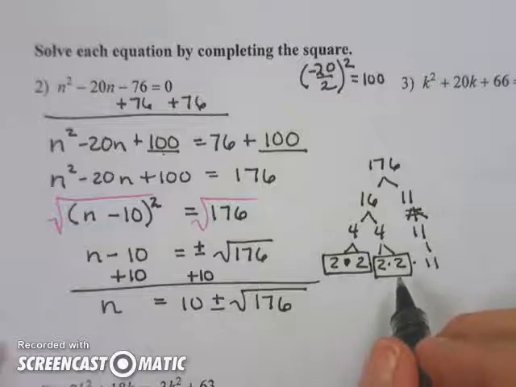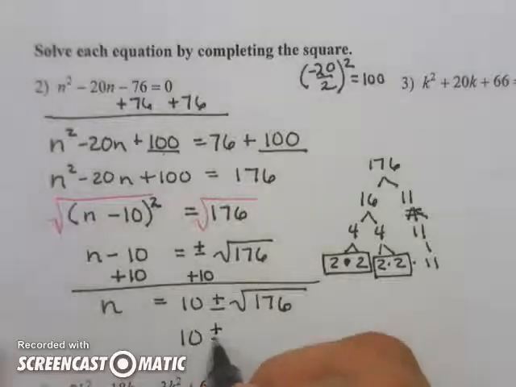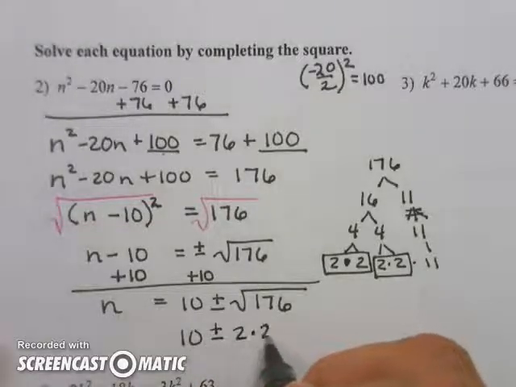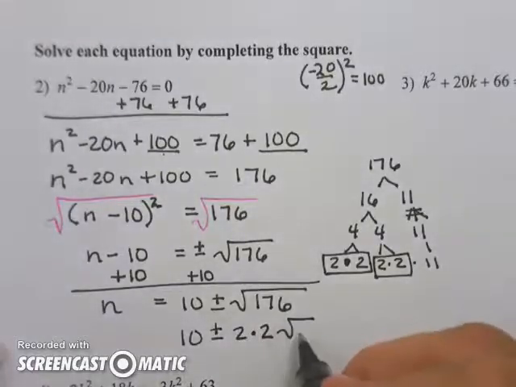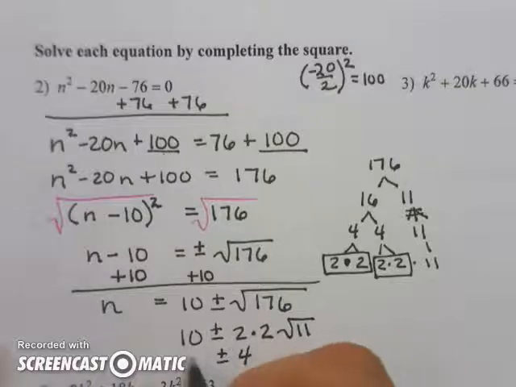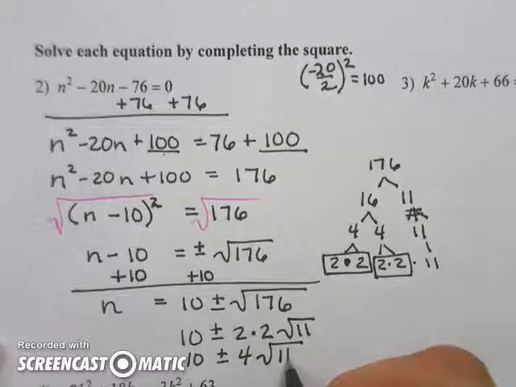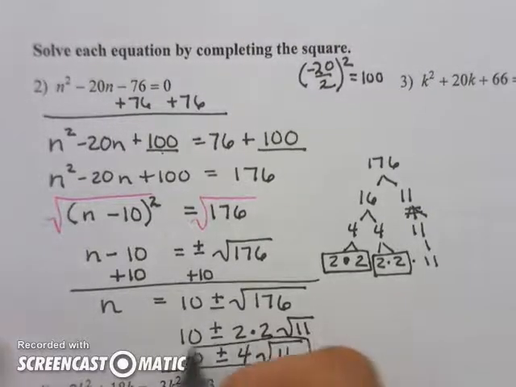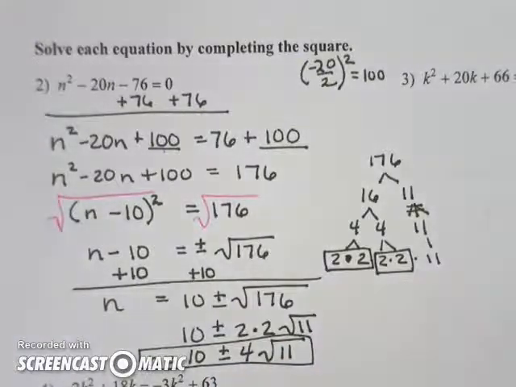So since I have these pairs, they will now come to the outside of my radical, and my 11, the Lone Ranger, will stay inside. 2 times 2 is indeed 4. So my answer becomes n is equal to 10 plus or minus 4 square roots of 11.